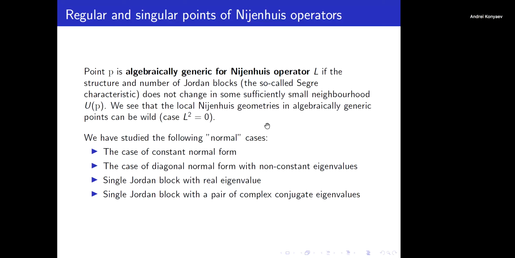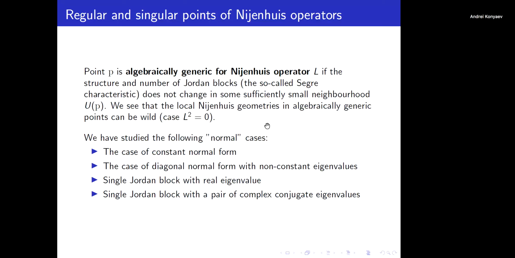But now the next step is to study singular points, because it turns out that in applications and in most of the cases, the Nijenhuis operators at singular points are the crucial ones. It is expected, right?